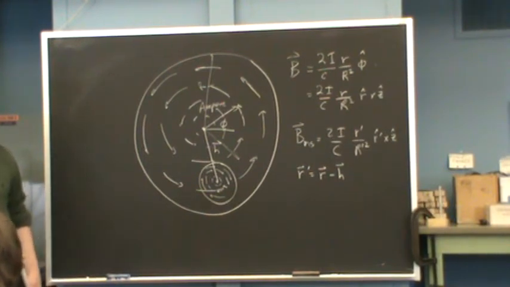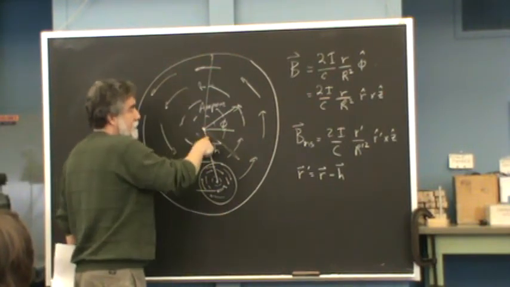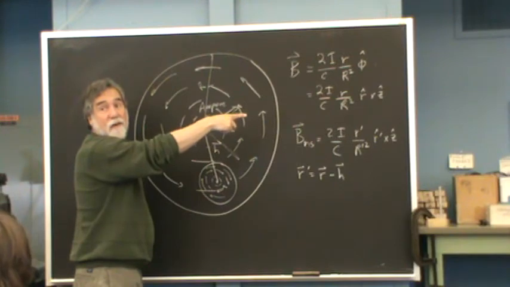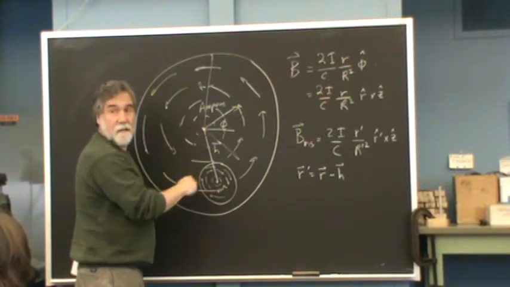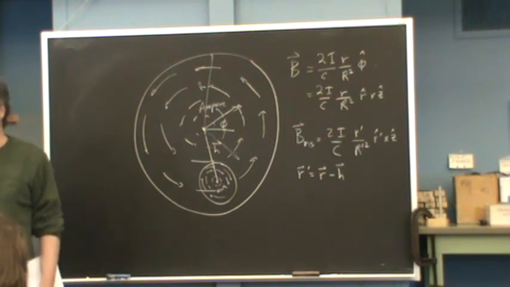That's all I'm going to tell you. That's everything but the current density, where big R is the radius of the whole thing, and little r prime is the radius of this thing.